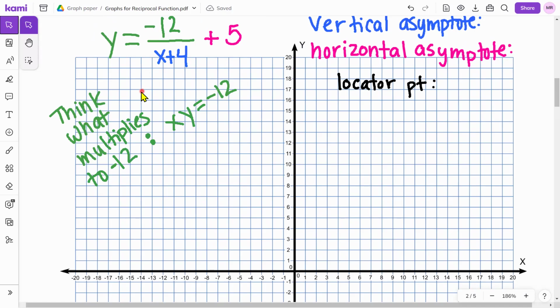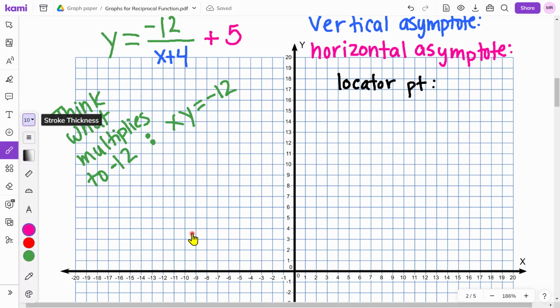So what's going to happen is whatever makes this 0 is going to be the x-coordinate of my locator point, but also it's going to define my vertical asymptote. And this +5 is going to be the y-coordinate of my locator point, and it's going to define my horizontal asymptote.